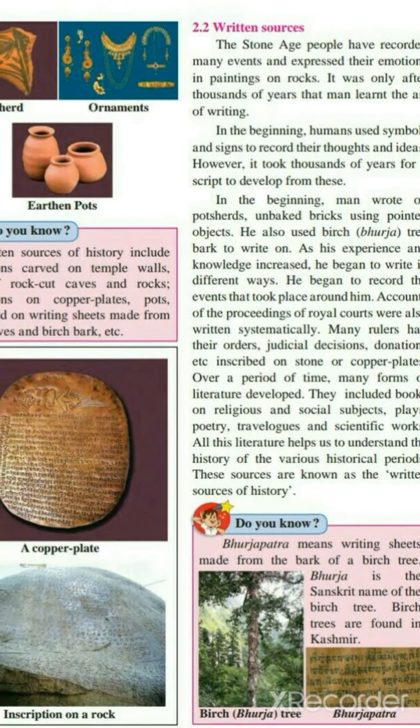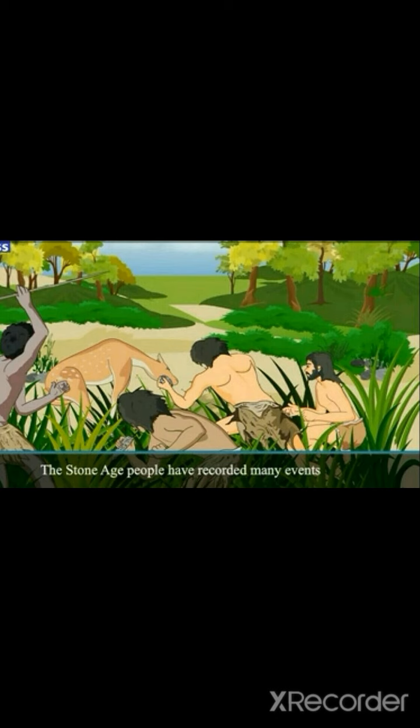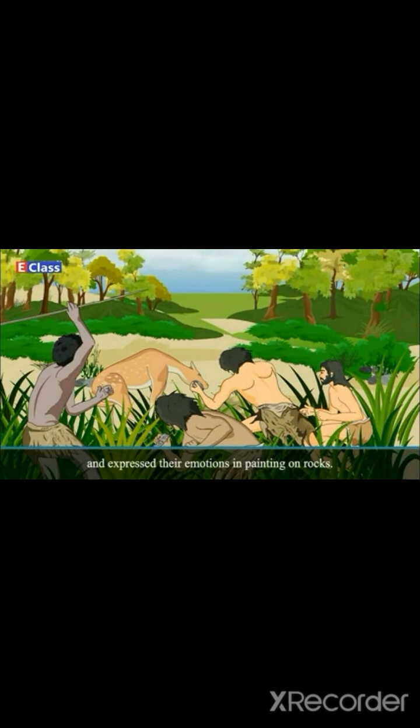Stone Age people recorded many events and expressed their emotions in paintings on rocks. It was only after thousands of years that man learnt the art of writing. In the ancient time period, man didn't know how to write or where to write, so he used to draw signs and symbols.